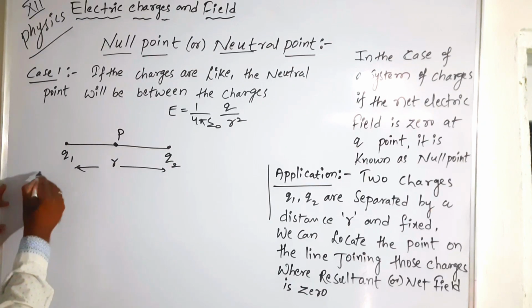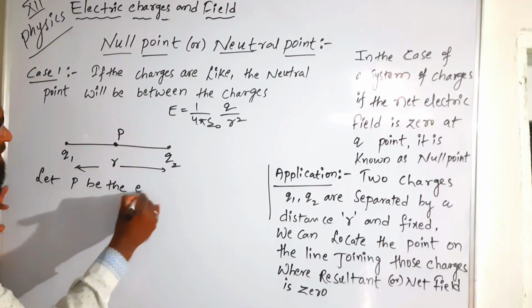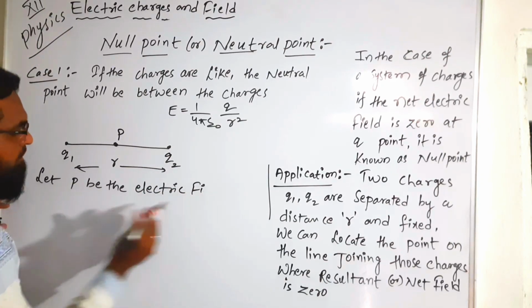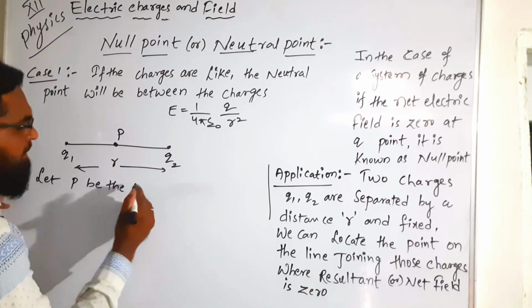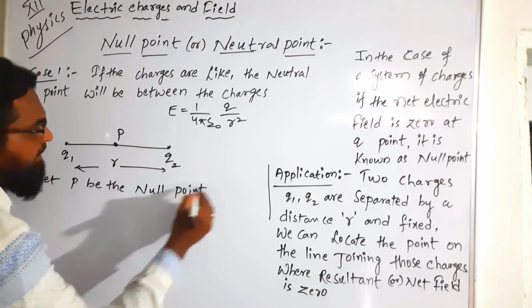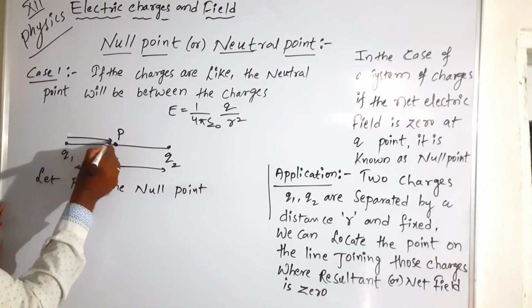So now let P be the null point. The distance from Q1 to point P is x.